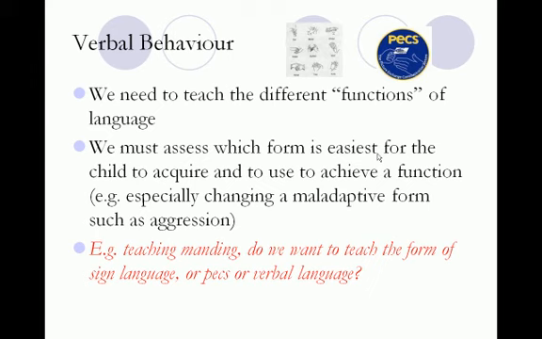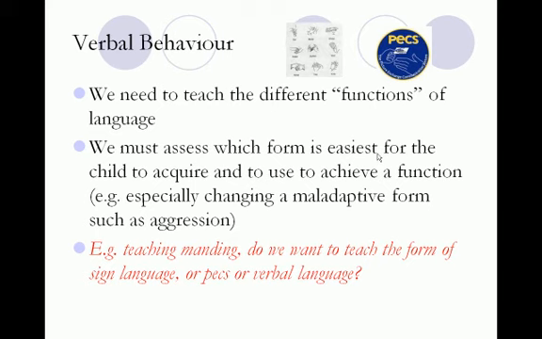We want it to be an easy response for the learner to emit, so that it easily becomes the choice when that person has the motivation to attain a particular reinforcer, like attention. They will choose to emit the easier response. When two are paired together, they'll choose to emit, say, a PECS response.